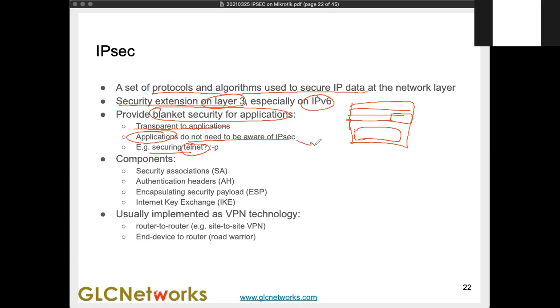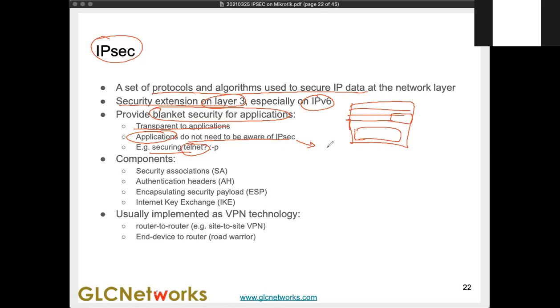There are many applications out there, and the developers do not want to change their code. They want to keep it as it is. So one way is to implement IPsec so that we can communicate with the application securely.